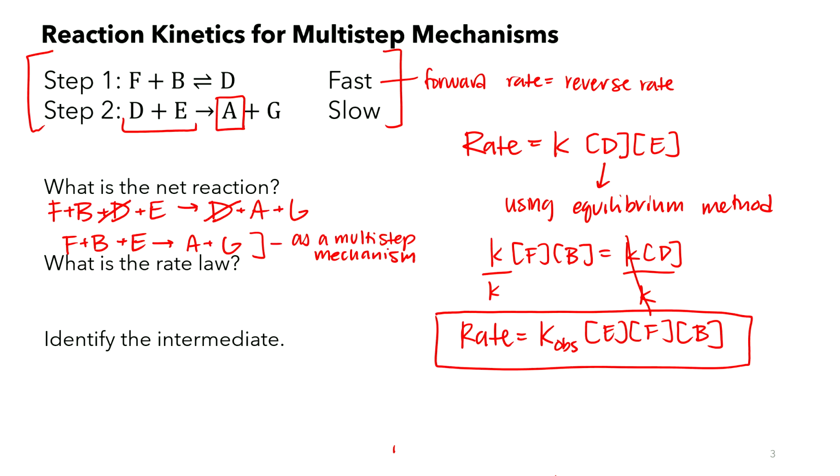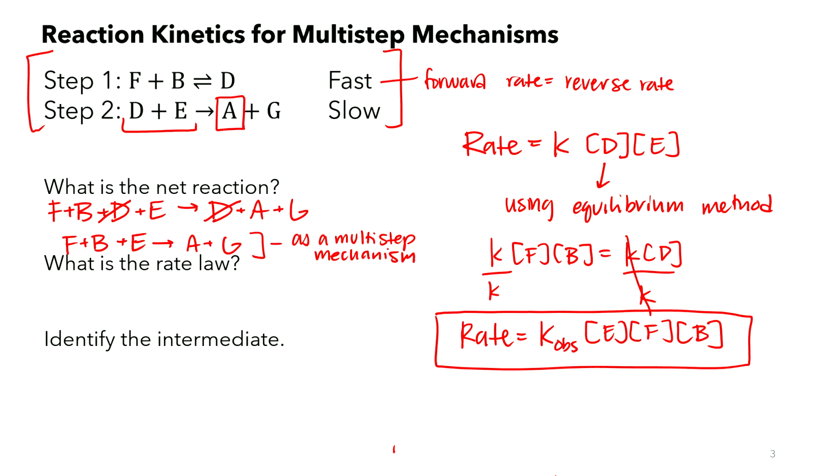Okay. The other way of seeing this question would be I give you this rate law. I say, hey, this is what we observed. And then I give you 5 different mechanism options. And you have to decide which mechanism would give you that rate law. That is how, on the first practice exam, the multi-step mechanism question is presented. And there's no way of getting around it.